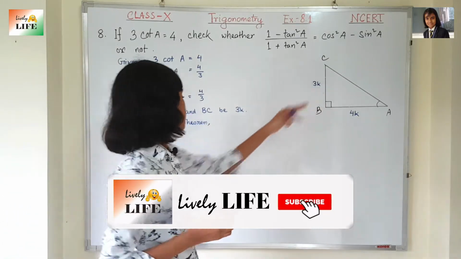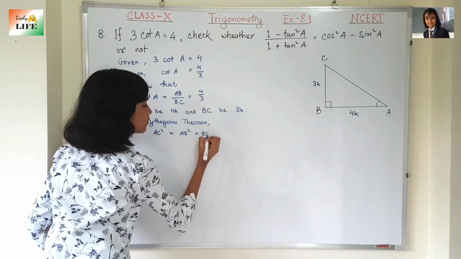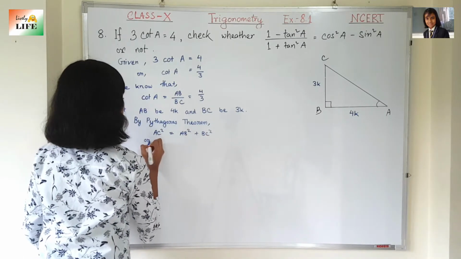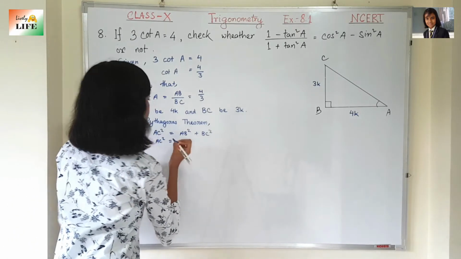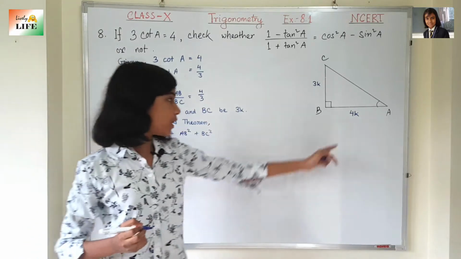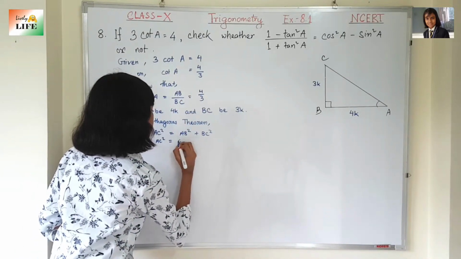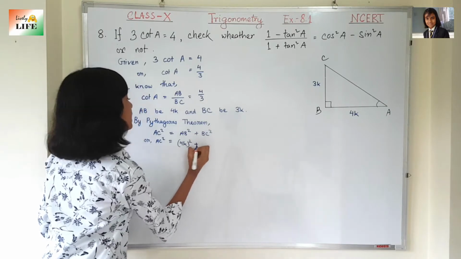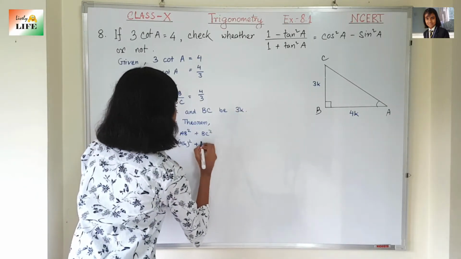What is this Pythagoras theorem? AB is 4K, so AB square is 4K whole square. And BC is 3K, so BC square is 3K whole square.